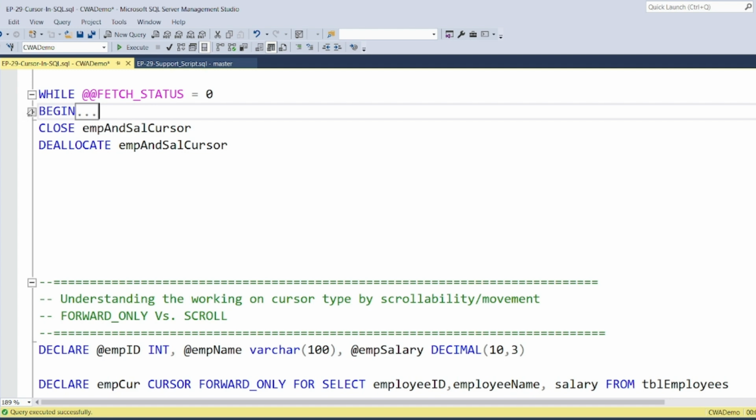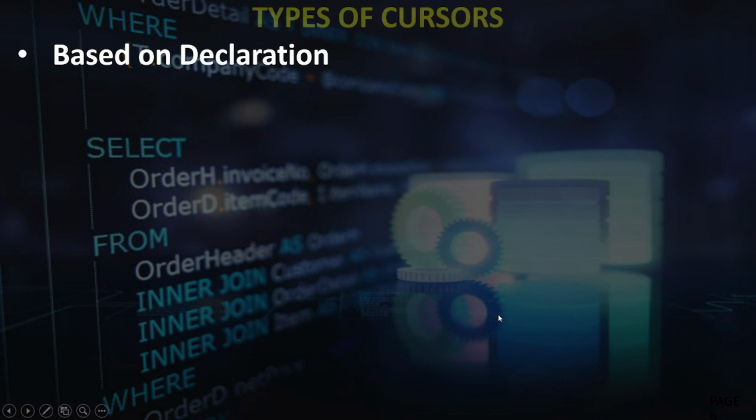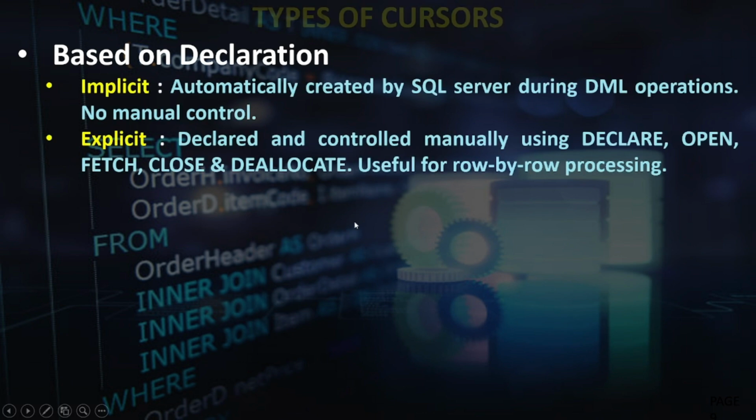Let's go and see the different types of cursors available in SQL Server. There are certain bases on which we will classify the cursor type. Based on the way we declare, there are two types of cursors, implicit cursors and explicit cursors.